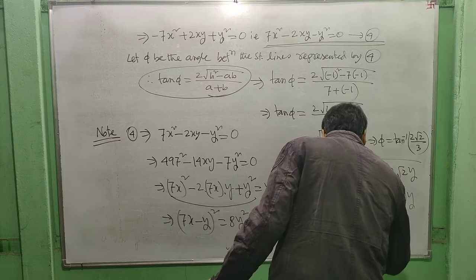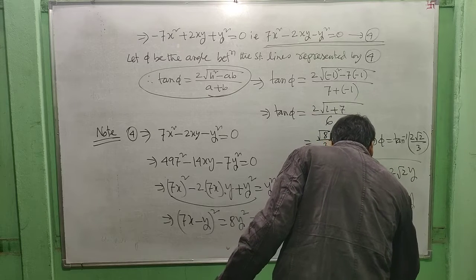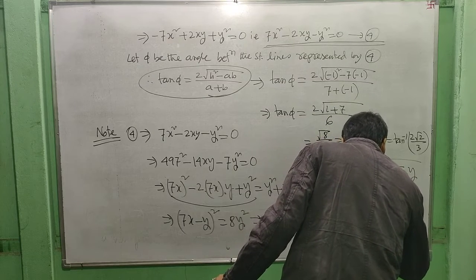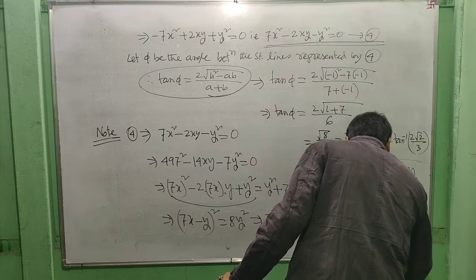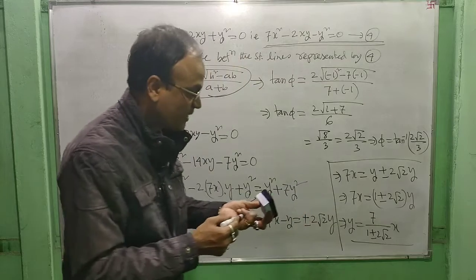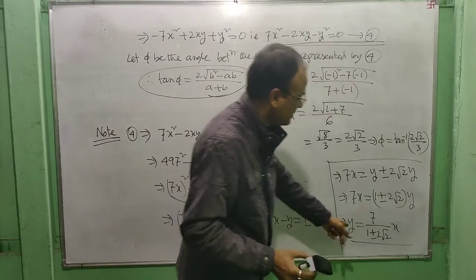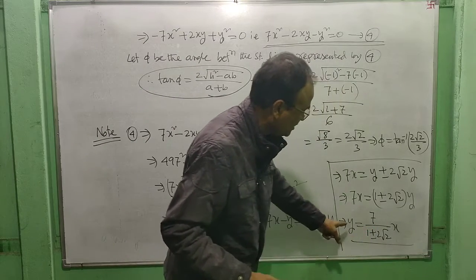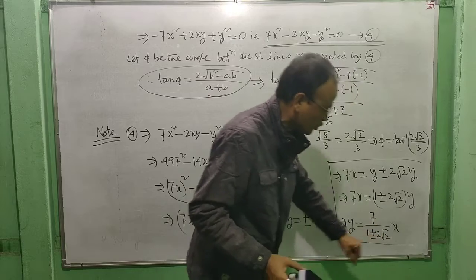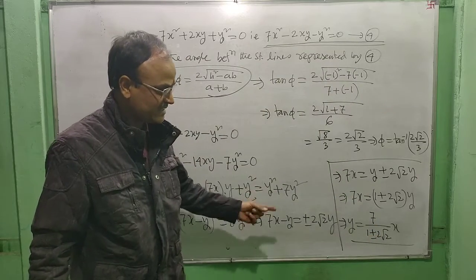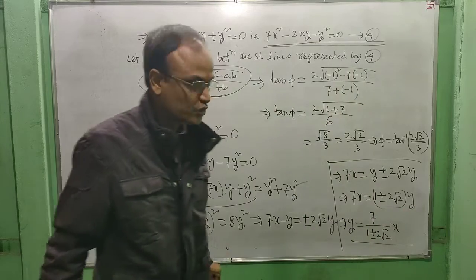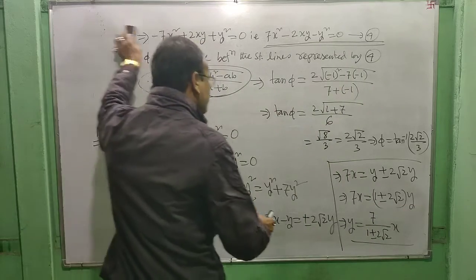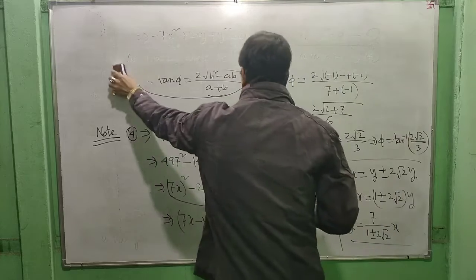This means y equal to 7 divided by 1 plus minus 2 root 2 into x. Obviously this is a straight line. There are two straight lines. One is y equal to 7 by 1 plus 2 root 2 x. Another is y equal to 7 divided by 1 minus 2 root 2 into x. These are two straight lines.